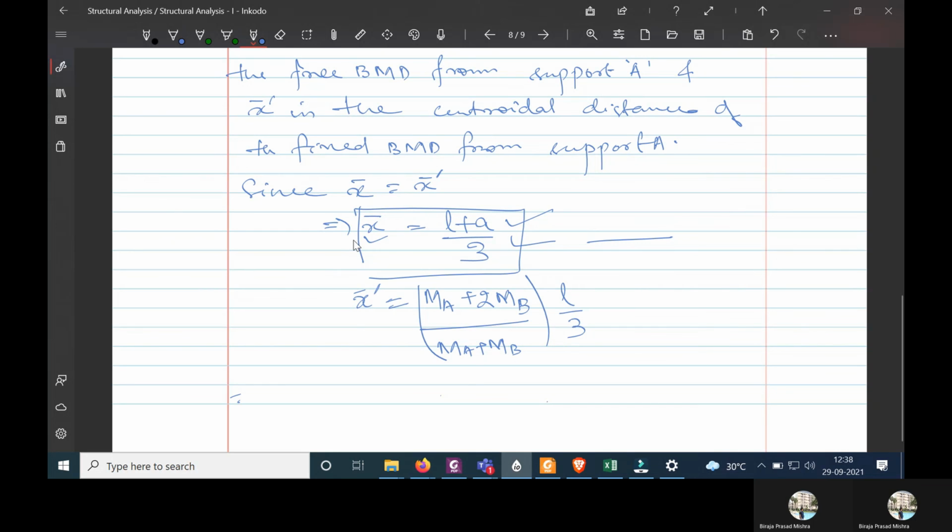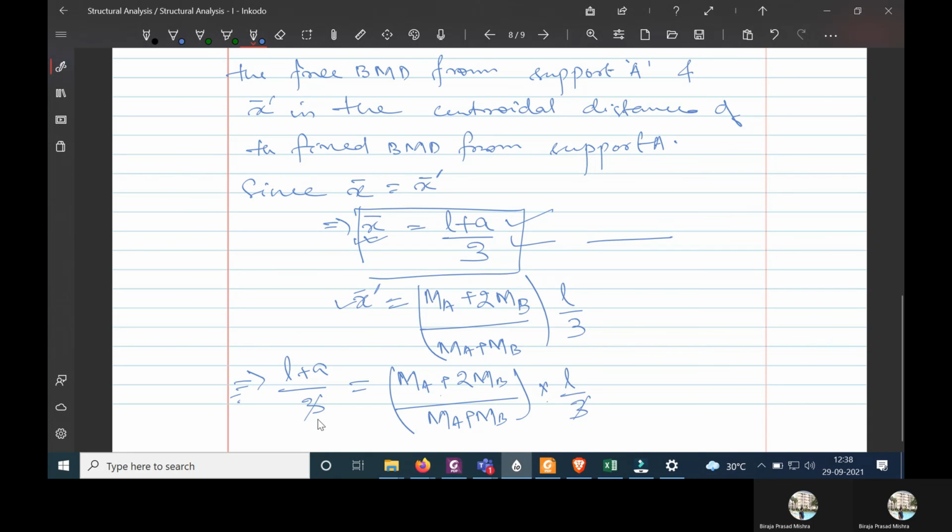Since x bar and x bar dash are equal, I can equate L plus A divided by 3 equals MA plus 2MB by MA plus MB into L by 3.